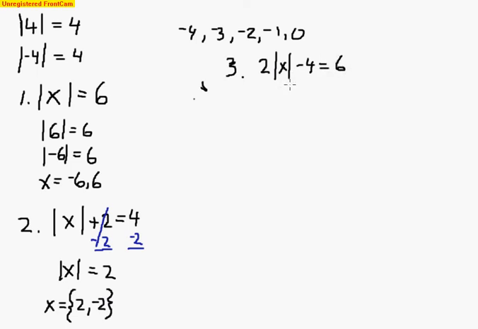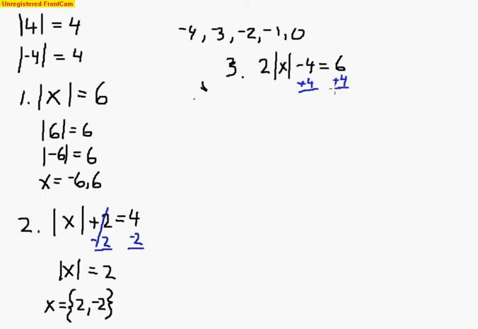So again, what we want to do is isolate this absolute value. So the way we're going to do that is remove this negative 4 by adding 4 to both sides.